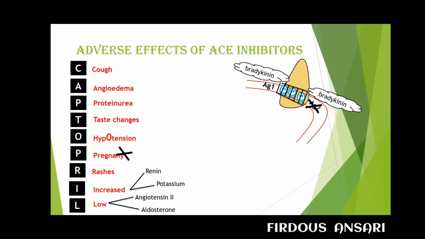But when we are inhibiting angiotensin converting enzyme, there won't be angiotensin 2. If angiotensin 2 is not there, it will not cause release of aldosterone. When aldosterone is not available, excess potassium will be there in our body. So these are all the adverse effects of angiotensin converting enzyme inhibitors.